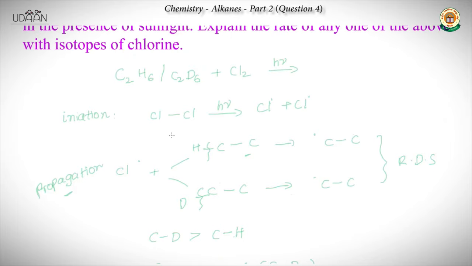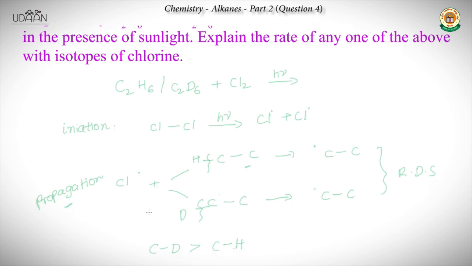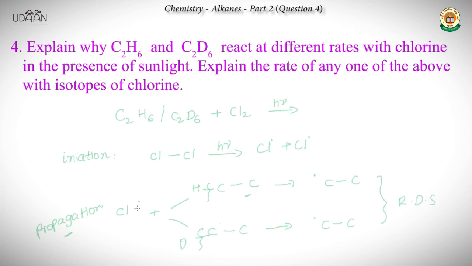So by changing the initiation molecule, we bring about virtually no change in the rate of the reaction. Obviously, the compound that's formed at the end of it is going to be different, but the rate of the reaction does not change because of a change in the compound used for the initiation step, but it does change the moment we talk about the propagation step, and that's the important takeaway from this question.